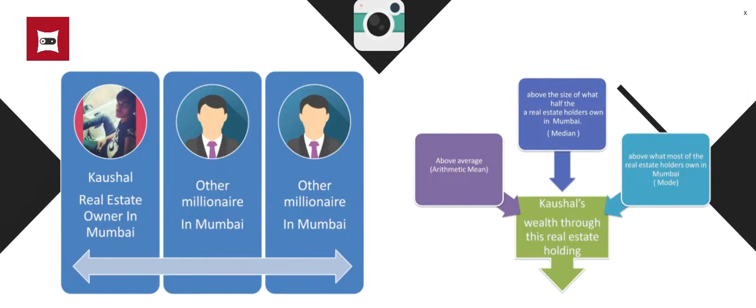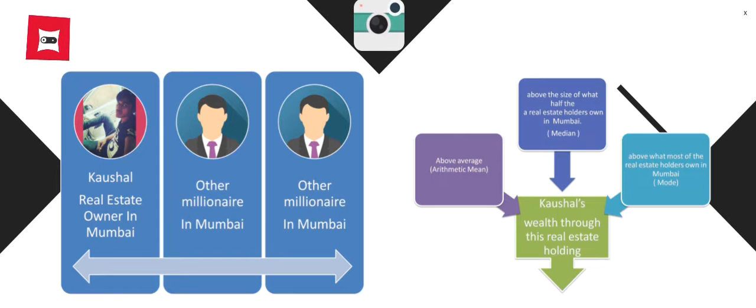As Mumbai is a big city and there are so many real estate holders in Mumbai, there is a large data set. Kaushal can easily understand where he stands by comparing with the average of all the real estate holders in Mumbai. By average, I simply mean the simple arithmetic mean or arithmetic average.